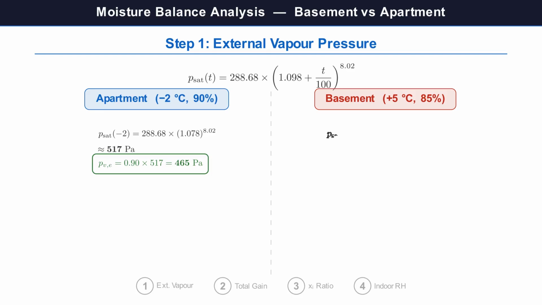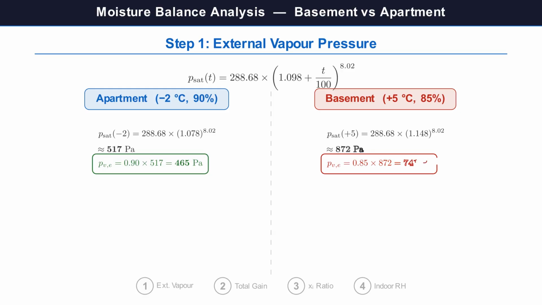For the basement, the outdoor temperature is +5 degrees Celsius, warmer than the apartment's outdoor conditions. P at 5 degrees equals 288.68 times 1.148 to the power of 8.02, giving 872 pascals. At 85% relative humidity, the actual outdoor vapor pressure is 741 pascals, 60% higher than the apartment.